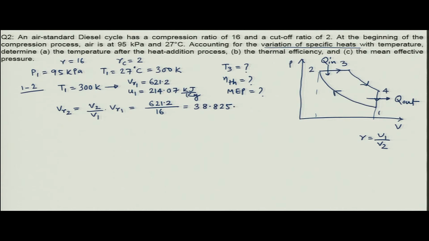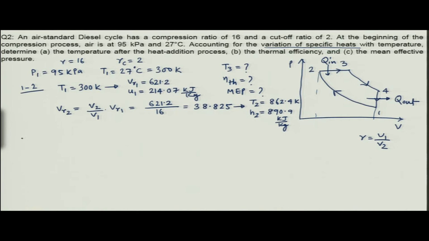Corresponding to this we can find the temperature T2 from the table, and you can find it is 862.4 Kelvin. H2 is the enthalpy at this point. We are writing enthalpy because you need to find the heat input in this cycle. So, the enthalpy at point 2 is 890.9 kilojoule per kg. Okay. So, that is state 2.